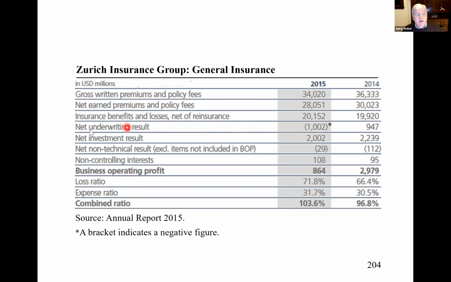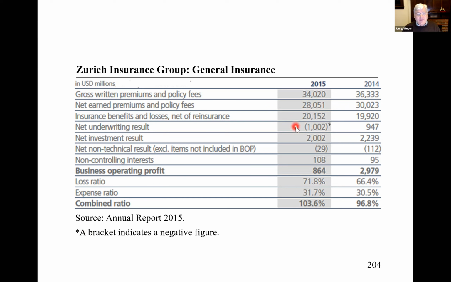That's here. They call it the net underwriting result. We call it the underwriting profit. And it's a negative figure. It's put here in brackets. That's just something done in accounting. Instead of a minus sign in accounting, they quite often use brackets.